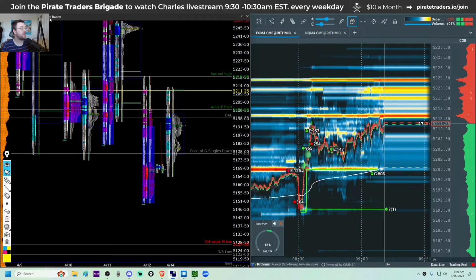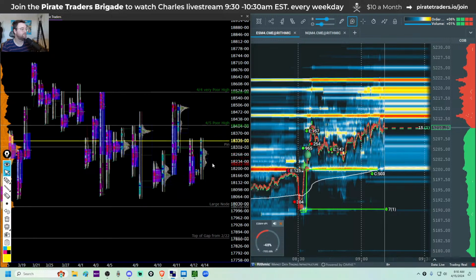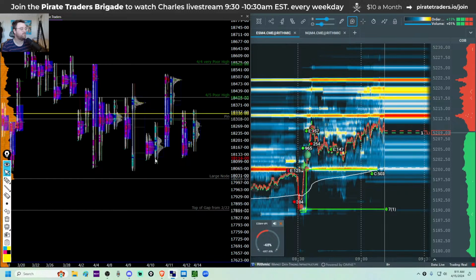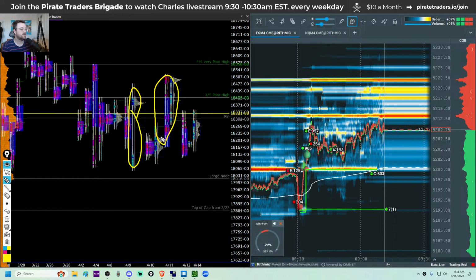Let's flip over. We'll take a quick look at the NQ. So the NQ in a very similar situation to the ES. The market is balancing. Okay, and again, same thing. Very large ranges last week. Lots of volatility. But the difference between the NQ and the ES is that the NQ doesn't quite look as bearish.